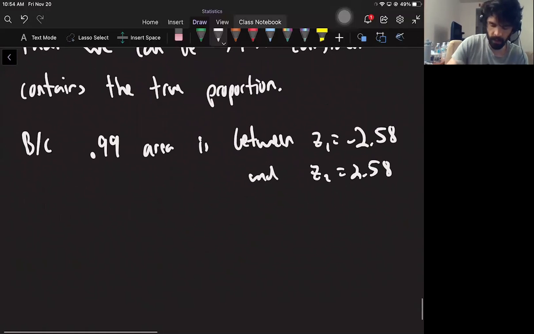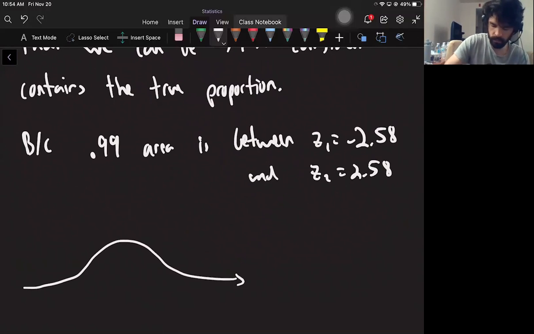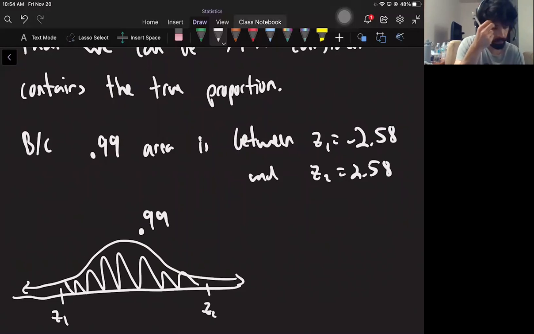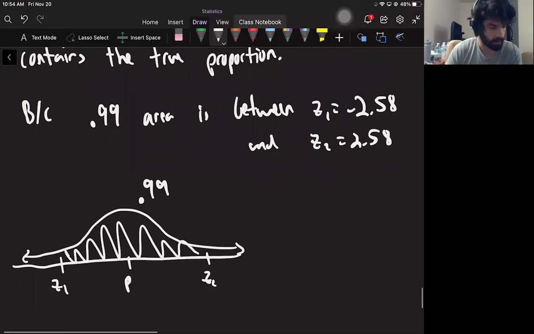That'll contain 99% of the area. And so the confidence interval will be wider for that reason.